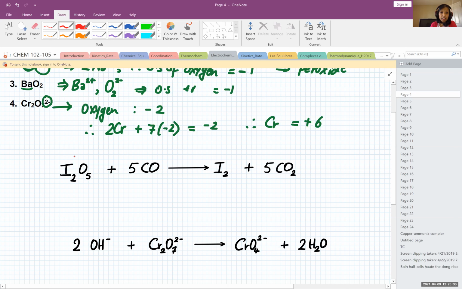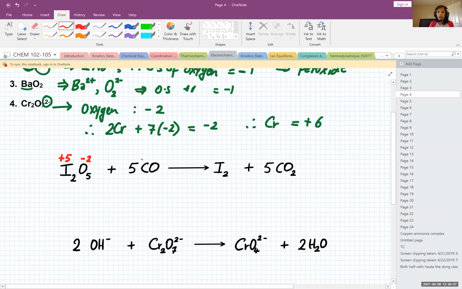Like I said, if you see compounds like that with 3, 4 or more oxygens in it, then you write down the oxidation state for oxygen to be -2, then use that to find the oxidation state of the other element. Here, if we do that, we will see iodine is in the +5 oxidation state. At the end, if you're having trouble finding these numbers and want to stay back, let me know. I will show you stepwise how to do it.